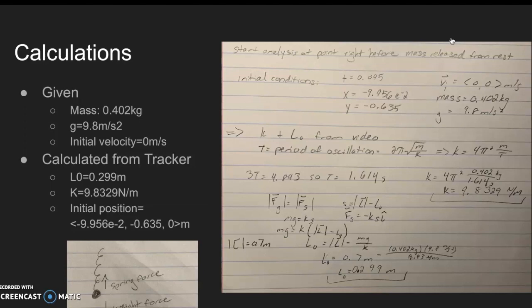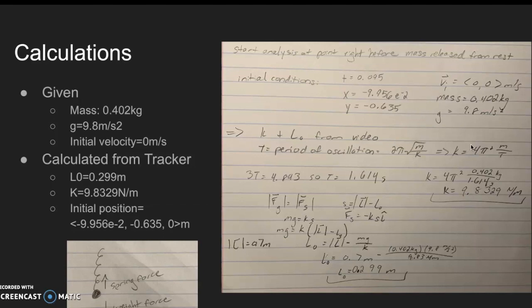Then, from the data I got from Tracker, I was able to do a few calculations to find the spring constant and the relaxed length of the spring, as well as the initial position. To get the spring constant, I used the equation where T is the period of oscillation and T is equal to 2 pi times the square root of the mass over the spring constant, and I algebraically rewrote that to solve for k.